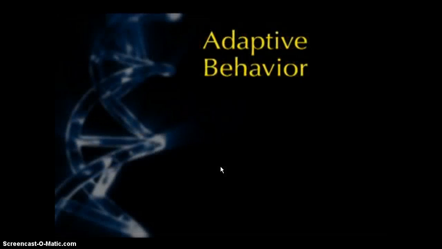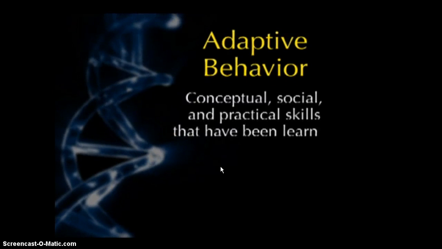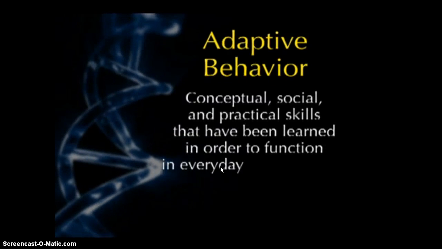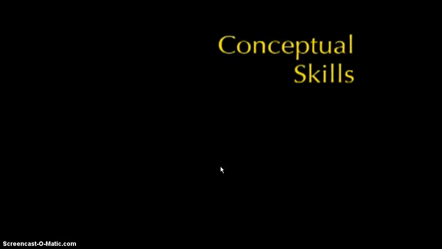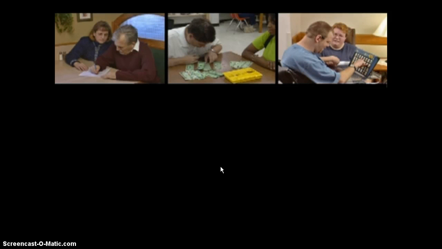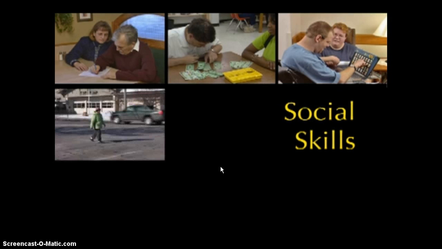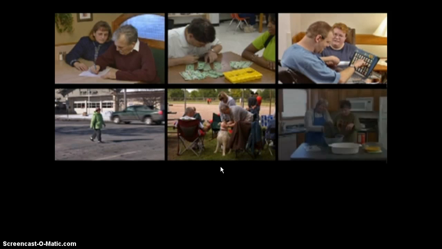Adaptive behavior includes conceptual, social, and practical skills that have been learned in order to function in everyday life situations. Examples of conceptual skills include reading and writing, money concepts, and the ability to understand written or spoken language. Social skills are things like following rules and obeying laws, how you interact with other people, and your own sense of self-esteem.